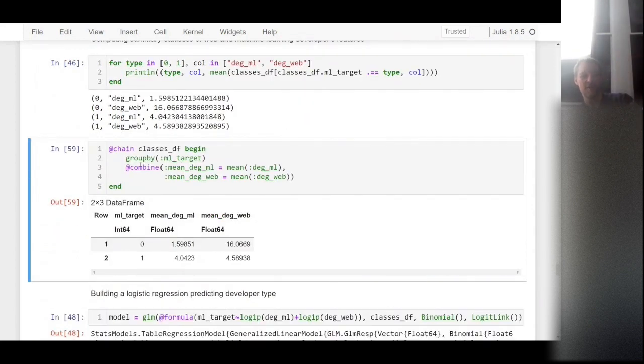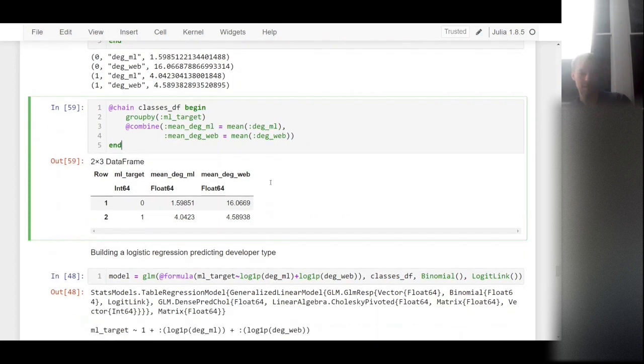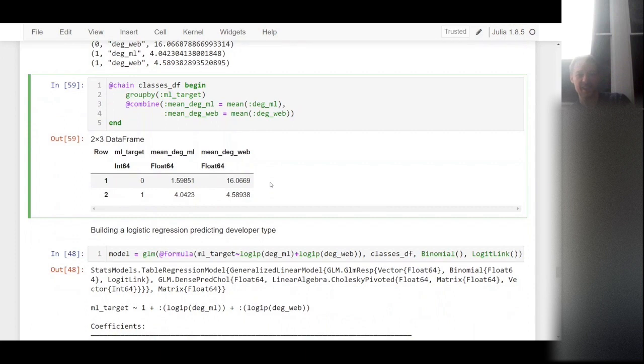So even if someone does not know programming, probably you could relatively easily tell him, okay, in groups by ML target, so whether this is 0 or 1, calculate me the mean of this web and machine learning developer friends. So we get exactly the same information as before.